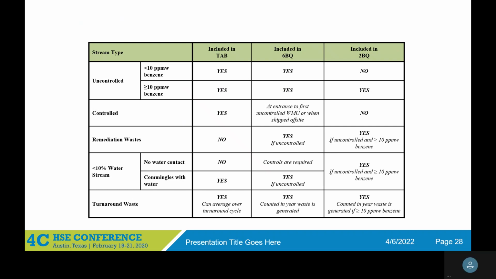Stream B is 55 ppm of benzene, and it is greater than 10% water. Stream C is 7 ppm and is greater than 10% water.